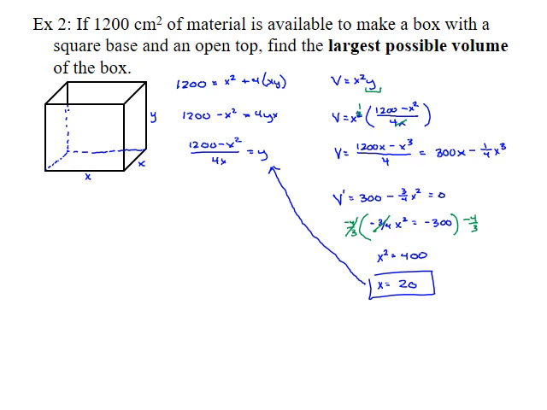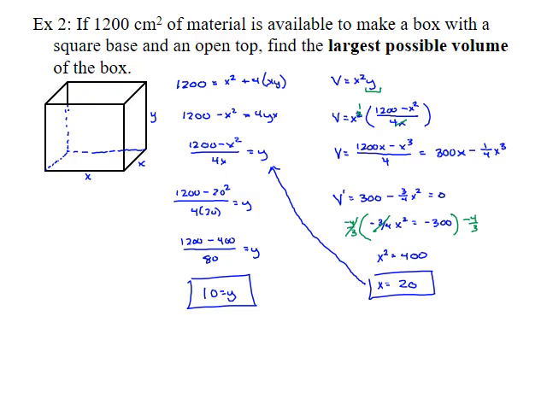So I'm going to plug x into my y formula. That is 1200 minus 20 squared over 4 times 20 equals y. So that should give us 1200 minus 400 over 80 equals y. And then doing a little bit of number crunching, you should get your y value to be 10.